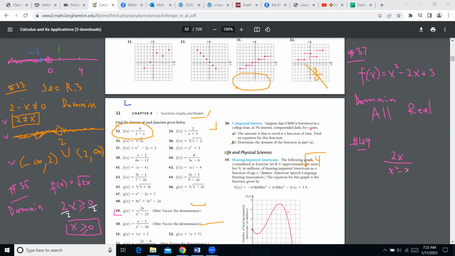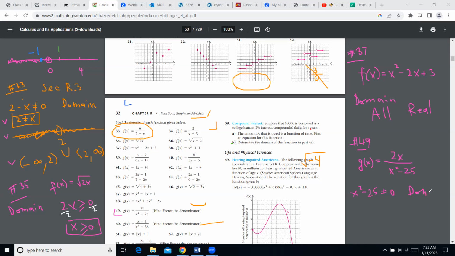So in this case, for my function g of x, I say that denominator is not equal to 0, right? That's what I need to make sure that we do not divide by 0. It's not allowed.